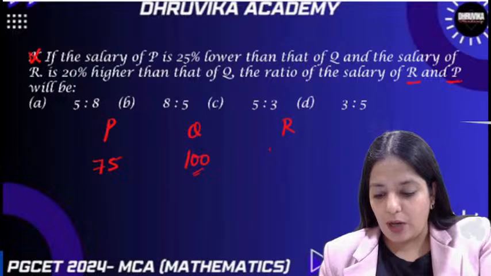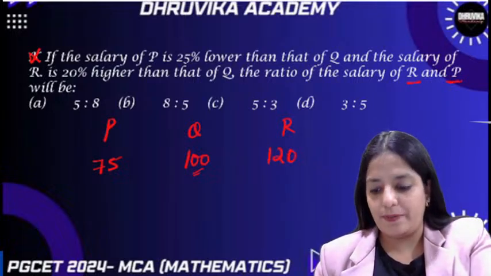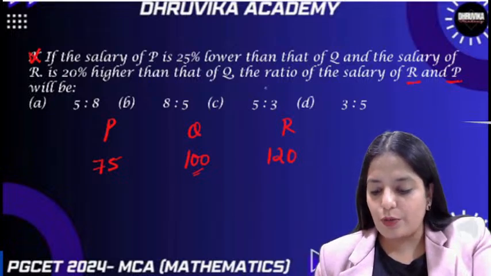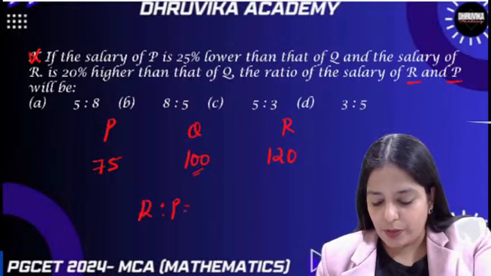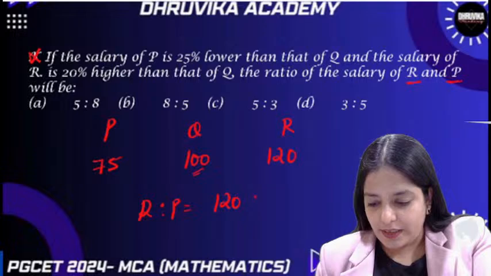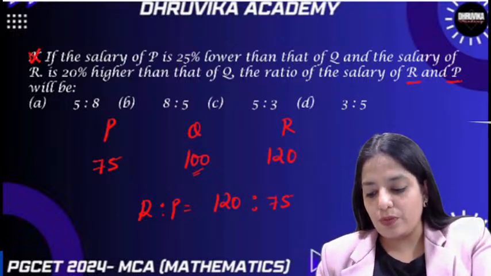So R would be how much? 120, right? So now they are asking you to find the ratio of the salary of R and P. So R is to P will be equal to what? 120 is to 75.